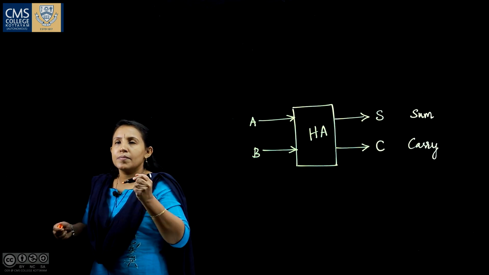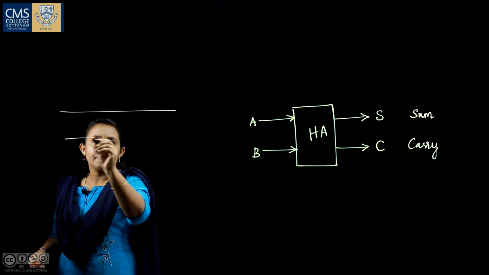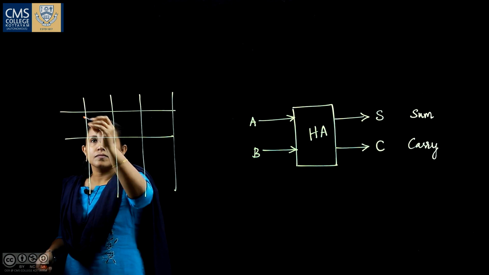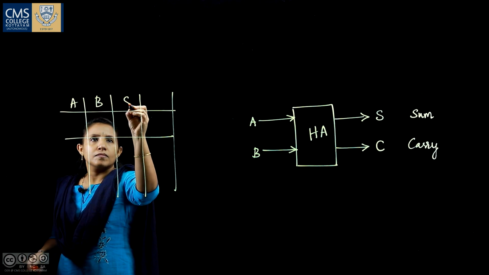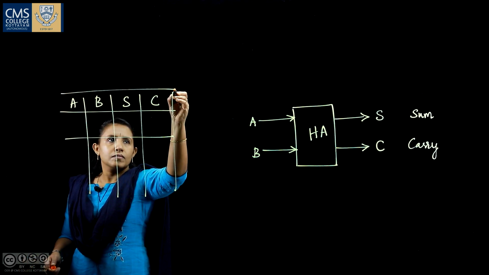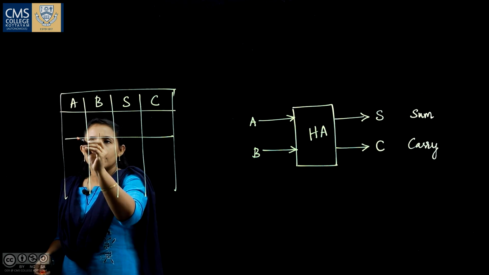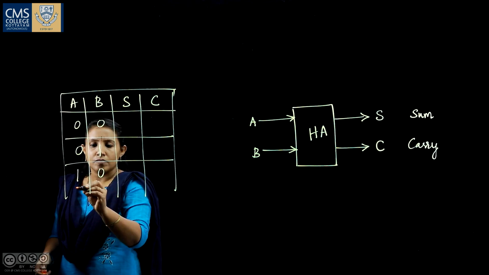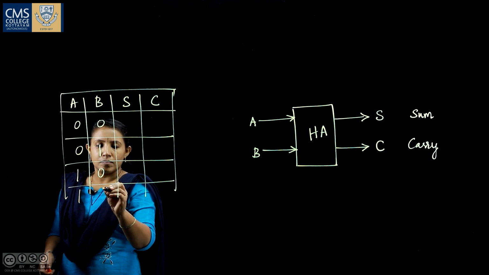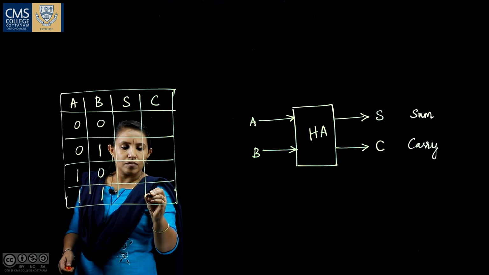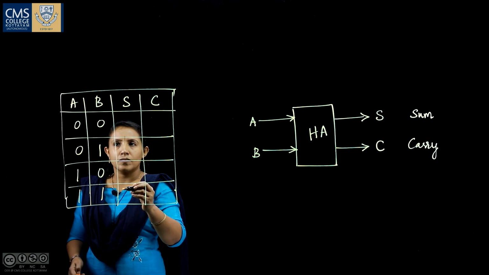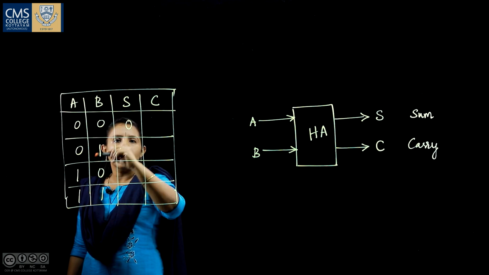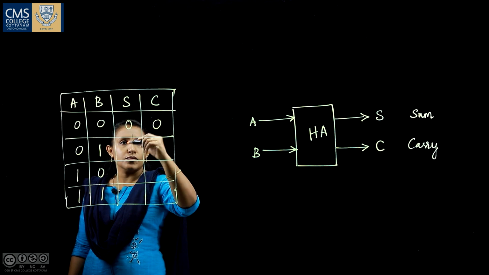Let us see the truth table of this half adder. The sum of two 0 bits will give you 0 as a sum, and it will give you a carry of 0.